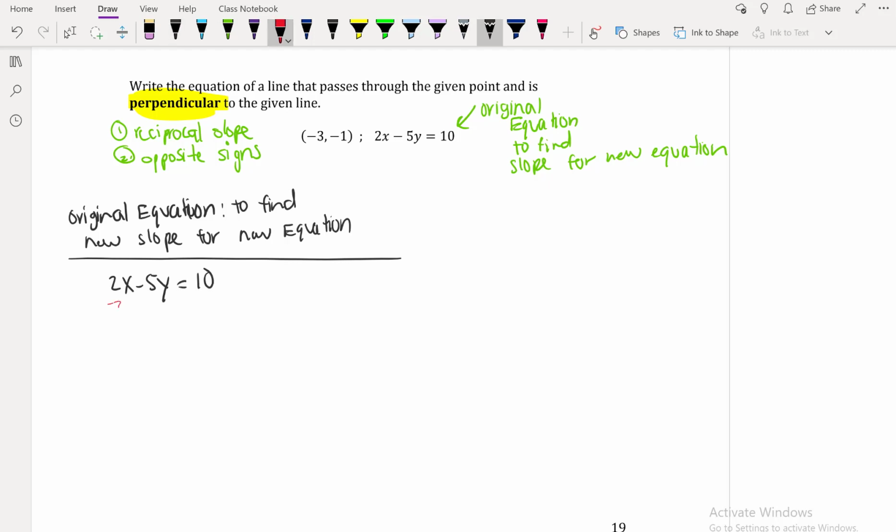So I'm going to subtract 2x from both sides, so that negative 5y is equal to a negative 2x plus 10. From here, I'm going to divide by a negative 5 everywhere, so that y is equal to a positive 2/5 x minus 2.